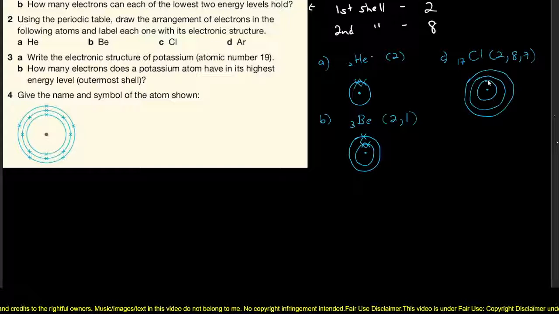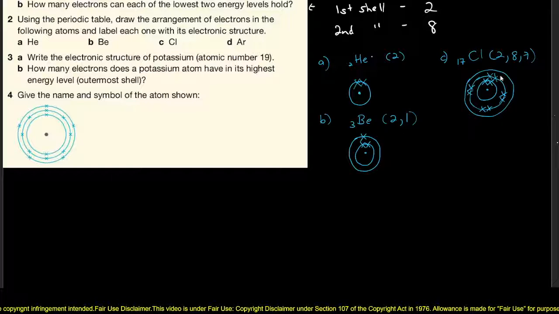So I'm going to join my electrons into my diagram. We have 2 electrons filling into the first shell, 8 into the second shell, and we fill them in as such: 1, 2, 3, 4, 5, 6, 7, 8.